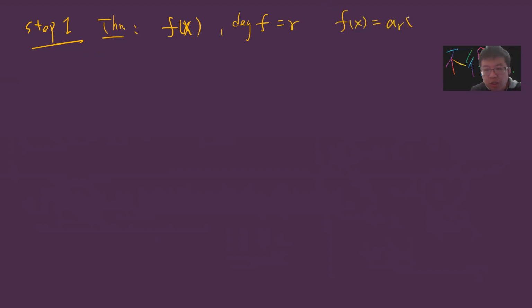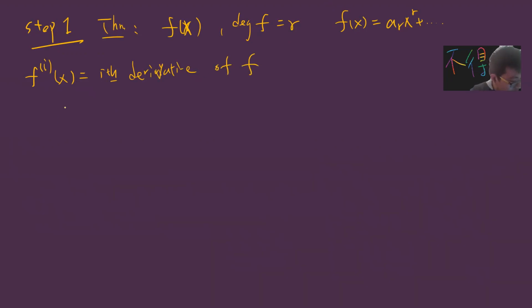Step one is that we write a theorem. Suppose f(x) is a degree r polynomial, so the degree of f is r. Basically, f(x) is a_r x^r plus lower terms. I use f^(i)(x) to mean the i-th derivative of f.